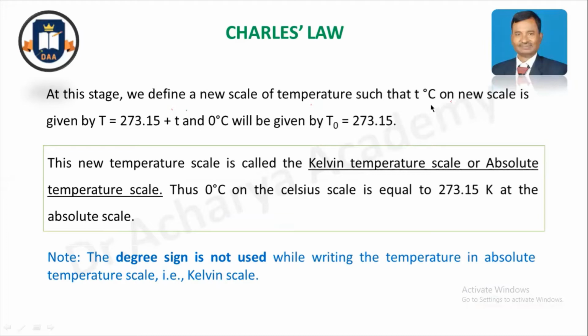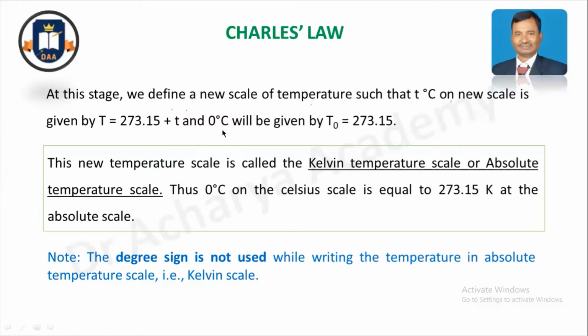At t degrees centigrade, small letter t denotes the centigrade scale. Now it will be converted to the new scale, and the new scale temperature will be denoted as capital letter T, and capital T is equal to 273.15 plus small t, where small letter t denotes the temperature in the centigrade scale.